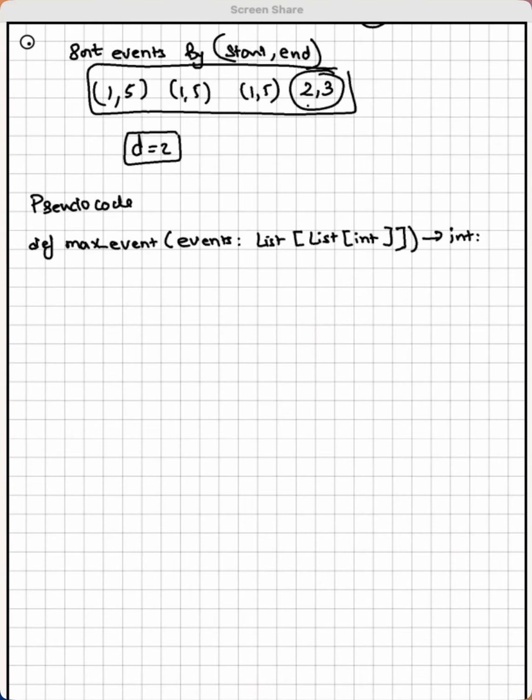So this would be an integer again. So we start with sorting this input, and what we'll say is we will run a counter for every day till we reach the max day, which is going to be the max of every event end date.